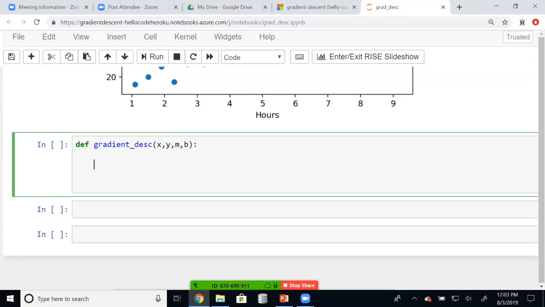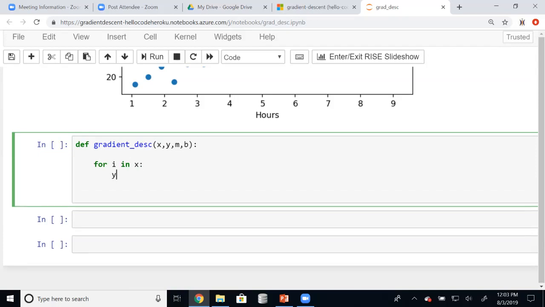Let's say I'm saying for i in x, all you have to say is y prediction is m times the ith x, right? Or let me change this notation over here. I can say all x comma all y.